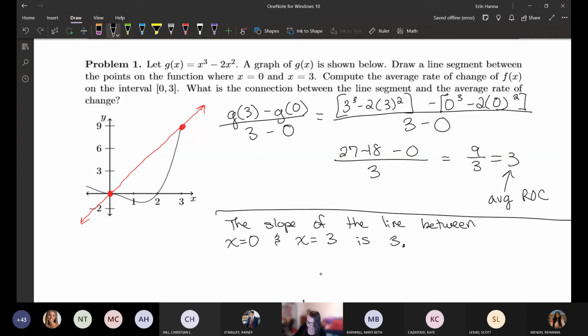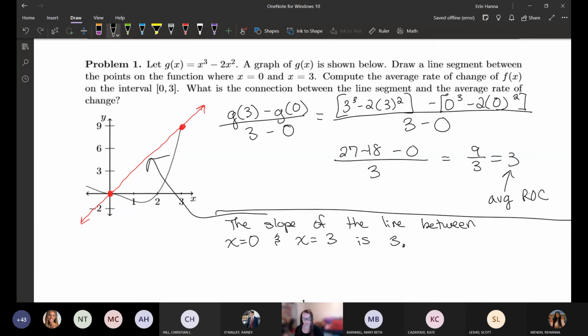So the slope of that line that we drew over there is that average rate of change. So the average rate of change is technically a slope, but it's used in a larger context because we use the words average rate of change even if we're not talking about a linear function.